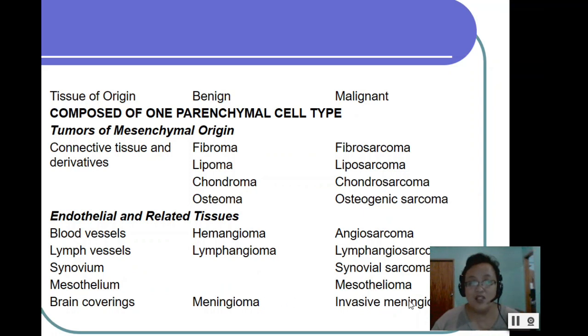Mesothelium, mesothelioma. Take note, mesothelioma belongs to the malignant type. Brain coverings, meningioma or invasive meningioma. Pag invasive meningioma, that is malignant. Wala siyang sarcoma. So these are the exemptions to the rule. Mesothelioma, meningioma, walang sarcoma, pero they are classified as malignant mesenchymal tumors.